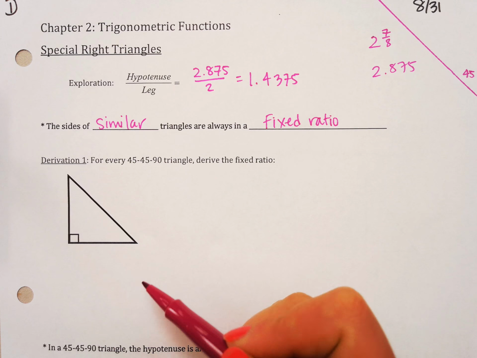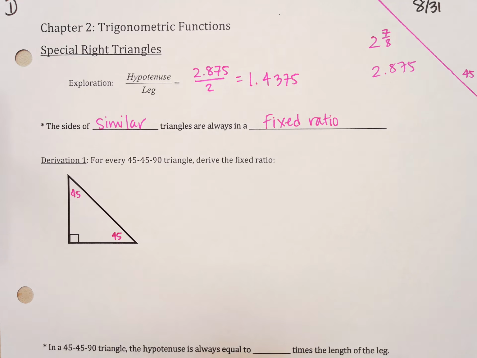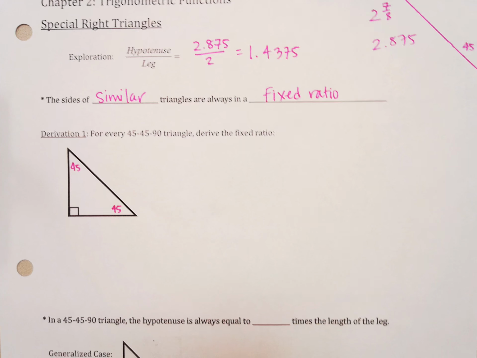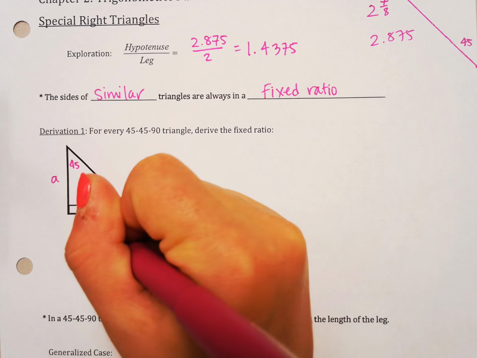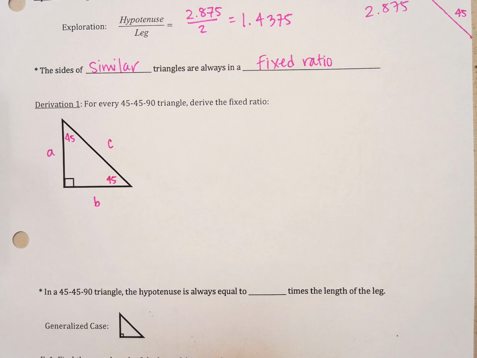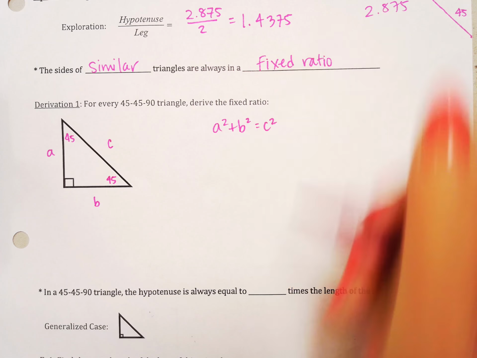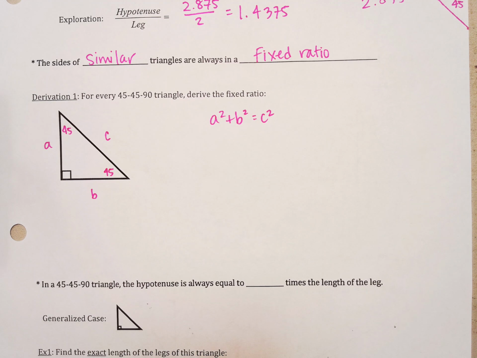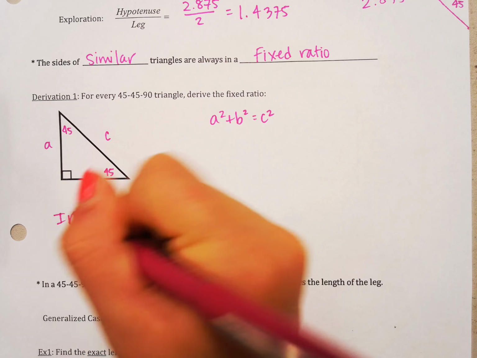So if I started with my triangle here, this is my 45, 45, 90 triangle. I'm going to start with the things that I know about right triangles, something we've been using pretty much every day in this class: the Pythagorean theorem. It's super useful. So I'm going to label my sides as A, B, and C. I know that this is true for any right triangle, but I have a special case in my 45, 45, 90 triangle.